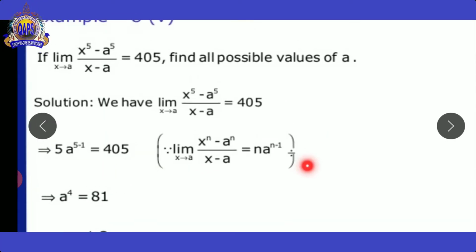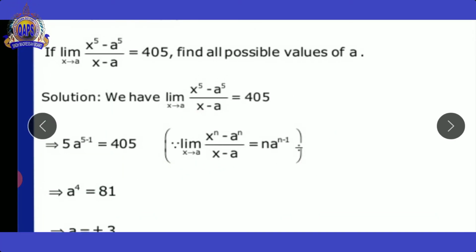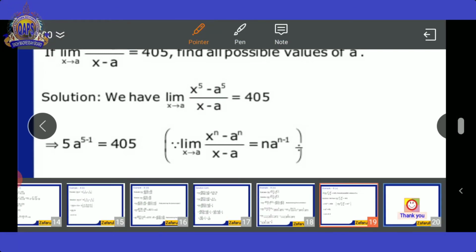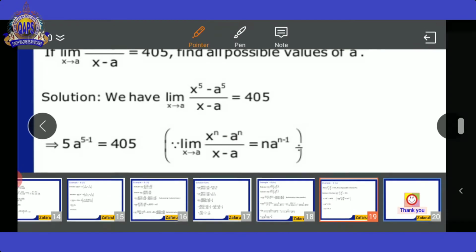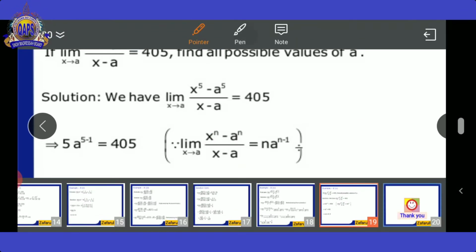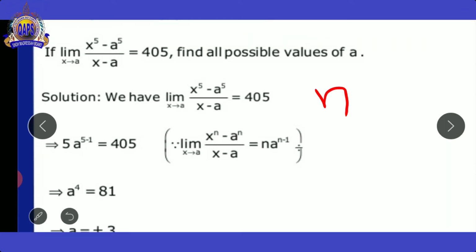So same situation here, when the greatest power of the variable is here, then n is equal to the highest power of the variable.